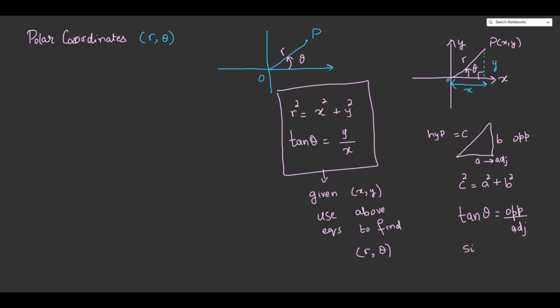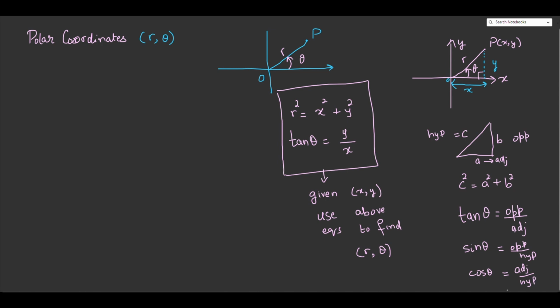So from here we get these equations. What is sine theta? We know from our trigonometry that sine theta equals opposite over hypotenuse, and we have another equation: cosine theta is equal to adjacent over hypotenuse.